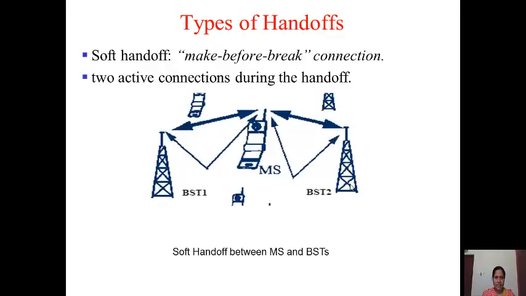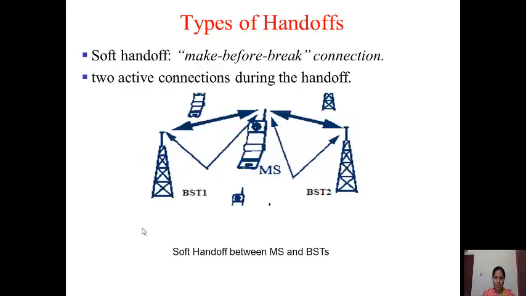The next is soft handoff. As I said, it is make before break, so it's a smart way of doing it. You hold the old one and try to get connected with the new one. And once you are confident that the new base station is sufficient for you to get better signal strength, you disconnect from the old base station, right?